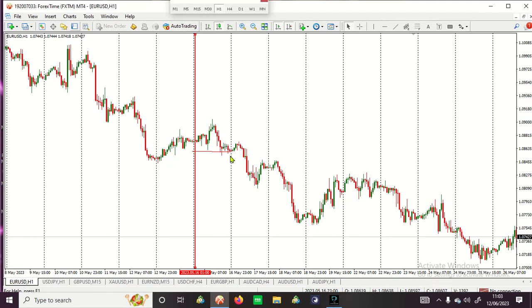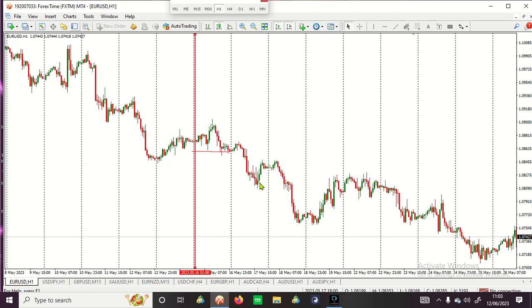Now the strategy works this way: the previous day low must be taken by the other day in order for you to sell. But in a situation where the previous day high breaks above, it's a sign of what? A bullish sentiment. It's the same thing as the bearish sentiment.